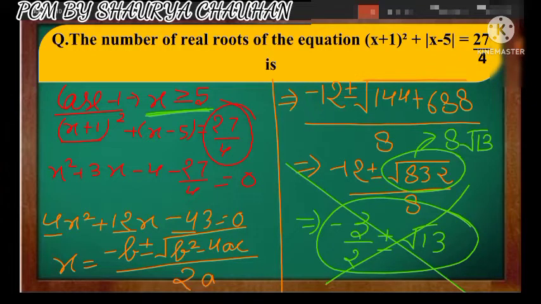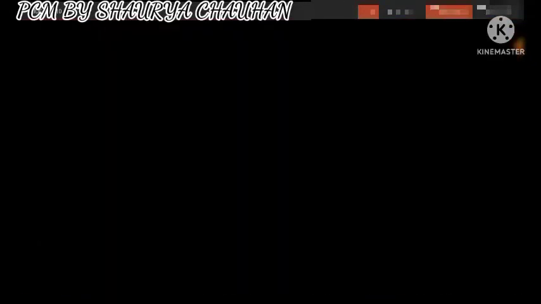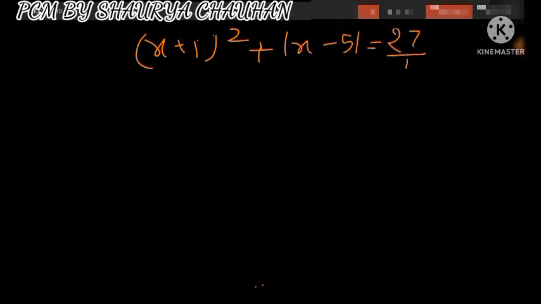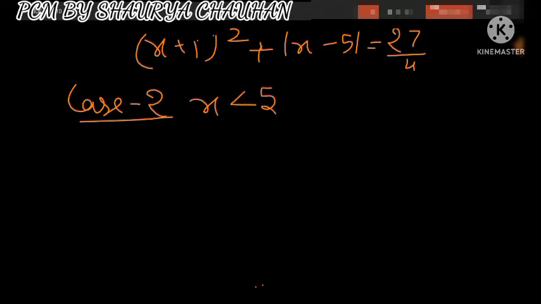So now let's take the second case. Our equation is (x plus 1) whole square plus modulus x minus 5 is 27 by 4. Now let's take case 2. In this case we will take x less than 5. So in this case the equation will become (x plus 1) whole square minus (x minus 5) equals 27 by 4.